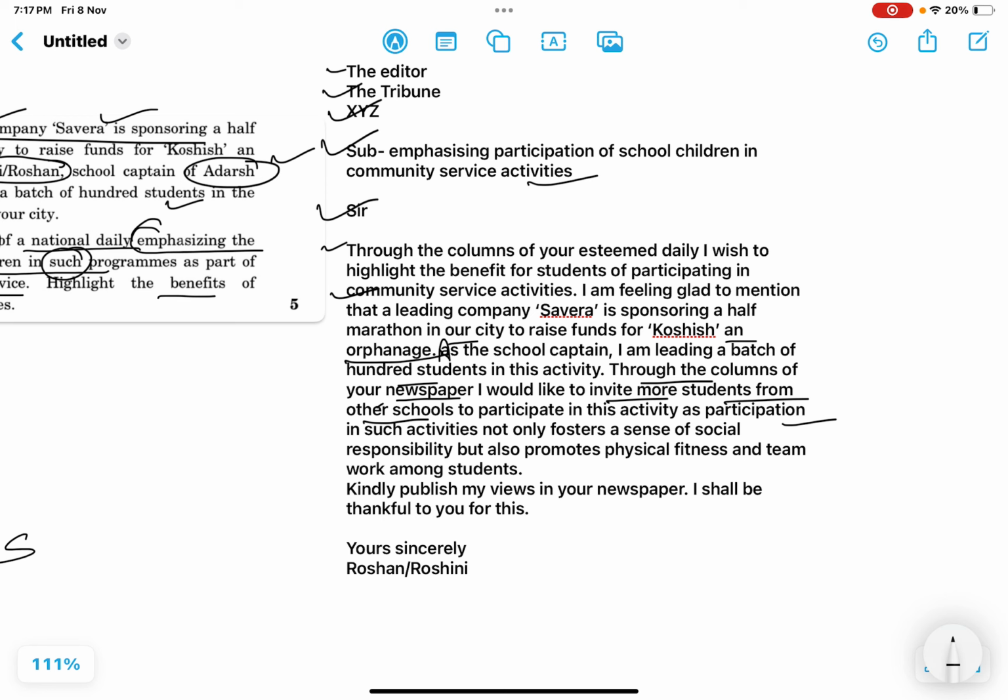So as participation in such activities not only fosters a sense of social responsibility, but also promotes physical fitness and teamwork among students. You can write down these kind of views in your own language, in your own way. You can choose some easy words and express this.